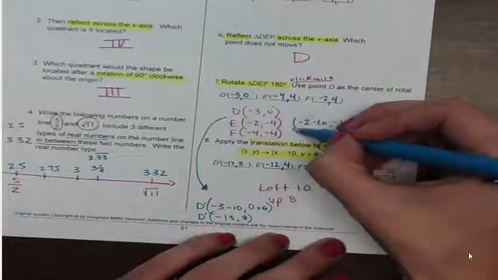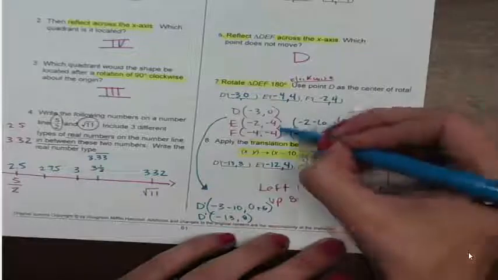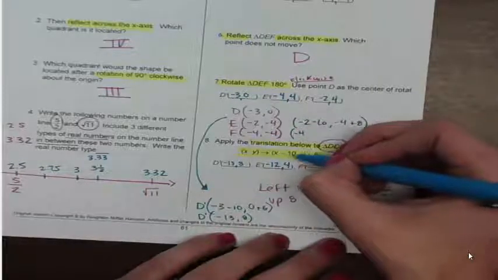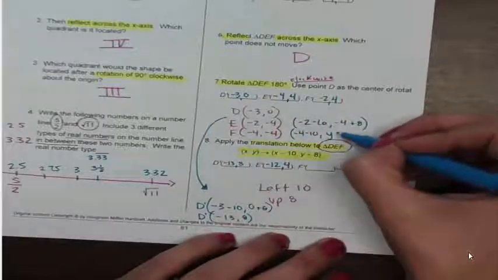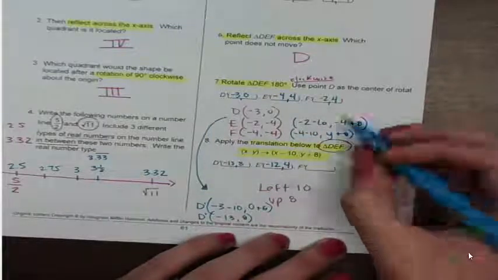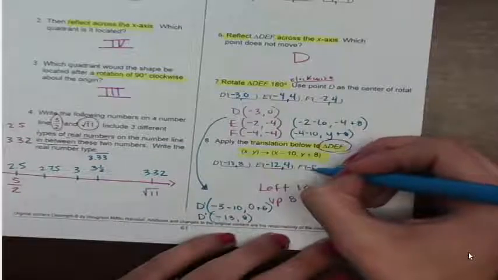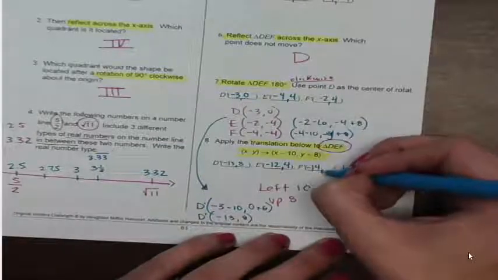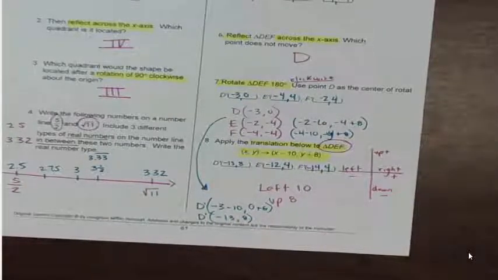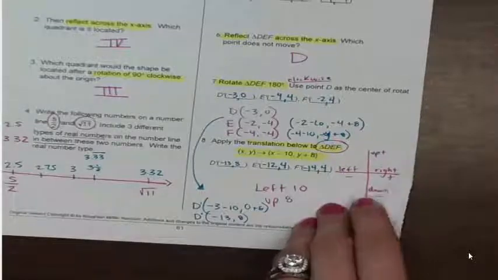And F, same thing. I have my original x value. I'm going to subtract 10. I have my original y value, and I'm going to add 8. So my answer for F prime should be negative 14, 4. Okay, make sure you have all those written down and flip it over when you're done.